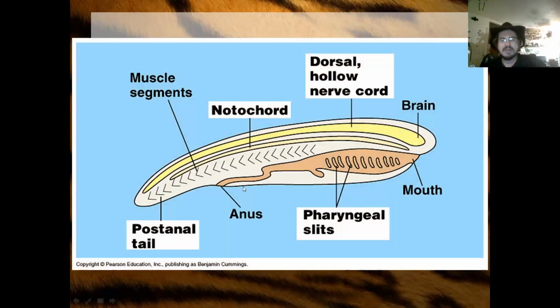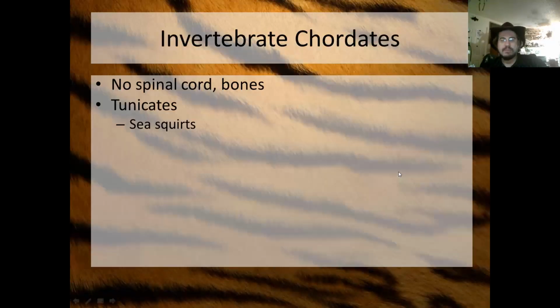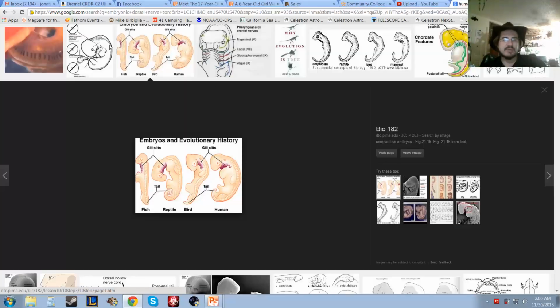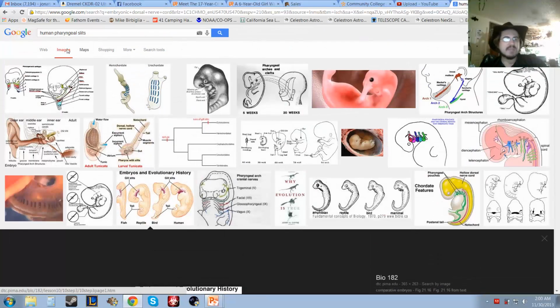This is your standard little chordate. And the lancelet and the larval tunicate will look a lot like this. And then down here is our agnathan, our hagfish, which has a very rudimentary set of bones for its skull, but no jaw, and no bones in the spinal cord there. So let's take a look.